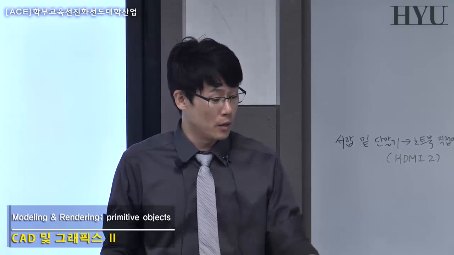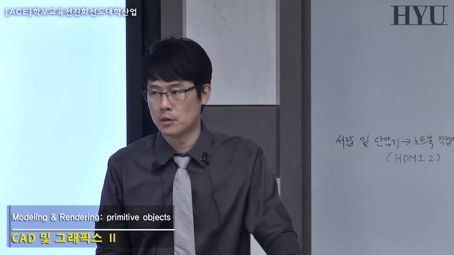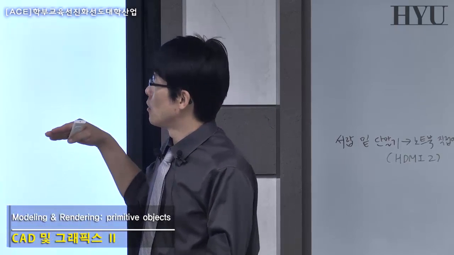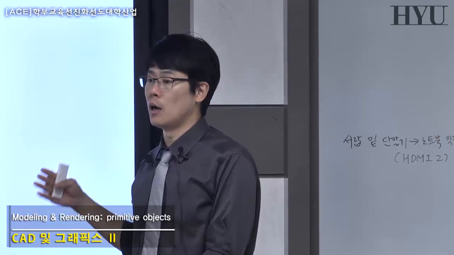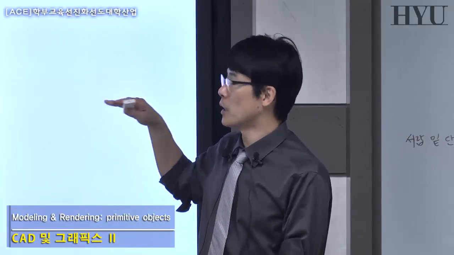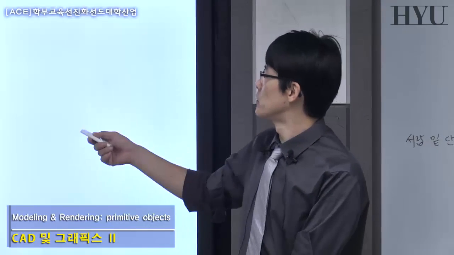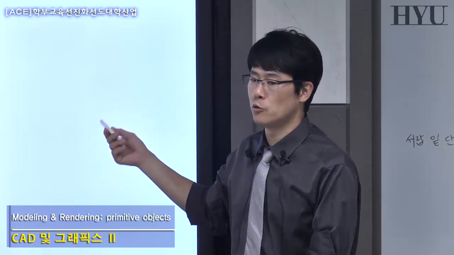Let's take a look at what to do in 3D Max and other general 3D tools. What are the major functions? What are the things we can do? Very simple. I can categorize them into just three. First one, geometric modeling, to create your own objects.